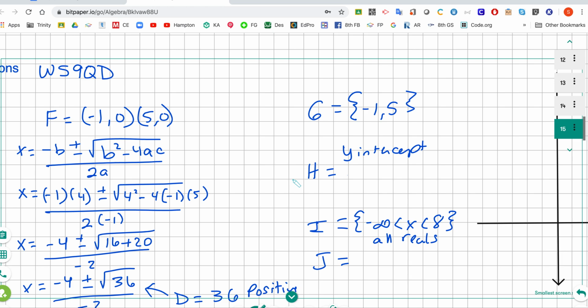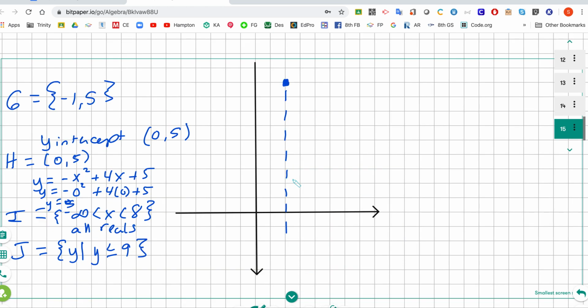The second thing that we're going to graph is going to be our axis of symmetry. And you'll notice at the axis of symmetry, every single point has an x value of 2. So this is 2, 0, 2, 1, 2, 2, 2, 3, 2, 4.